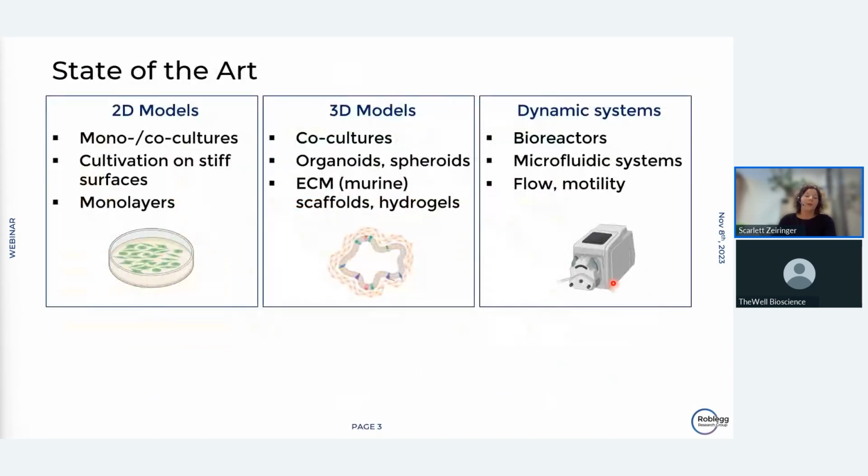Due to the complexity of the small intestines, various systems have been designed to mimic these physiological occurrences. The best known models are so-called 2D models. These usually consist of 1 or 2 cell lines cultivated on plastic or glass surfaces.